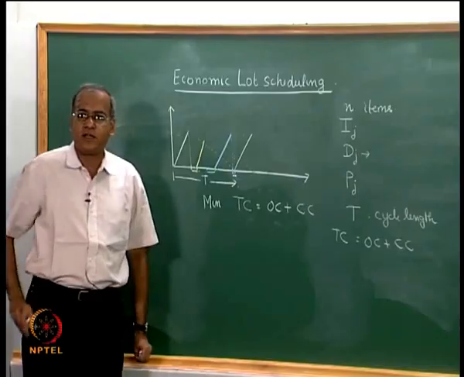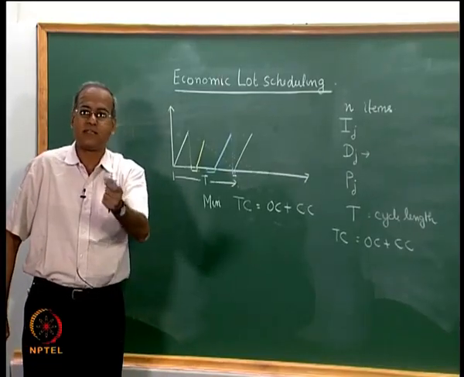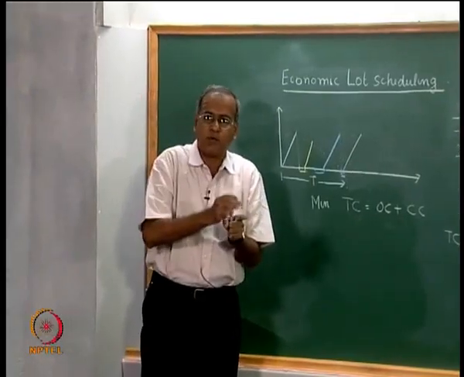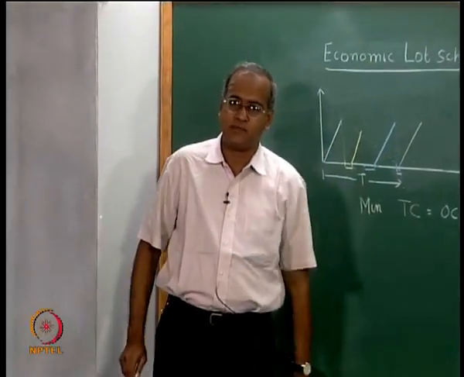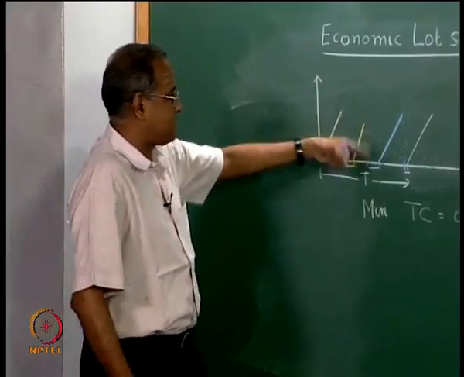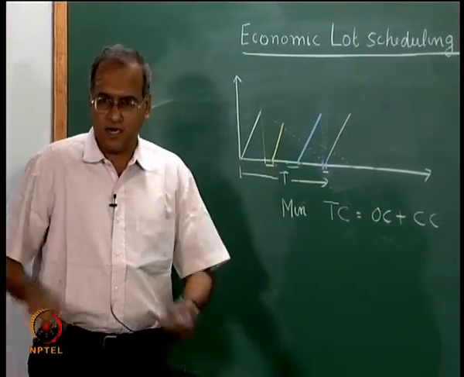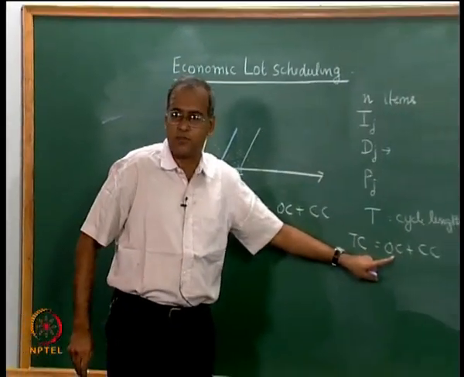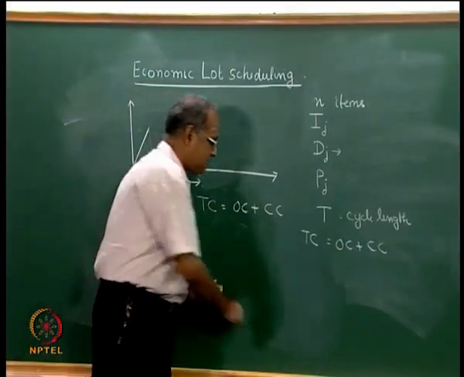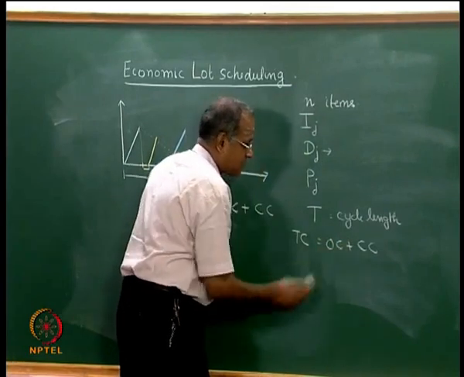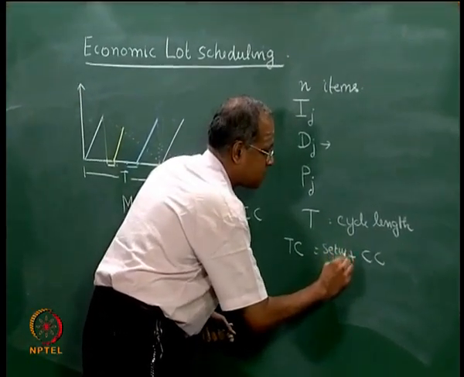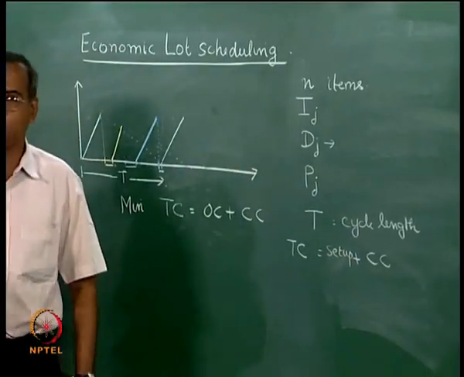Then we start defining how we play around to make that cycle as small as it can be. So, let us first define the problem to try and have longer cycles, so that the shortages are not there, as well as the order cost or setup cost component, because it is manufacturing, it is not order cost, it will be setup cost. So, this will be setup cost, though we have used the same C naught as the notation.